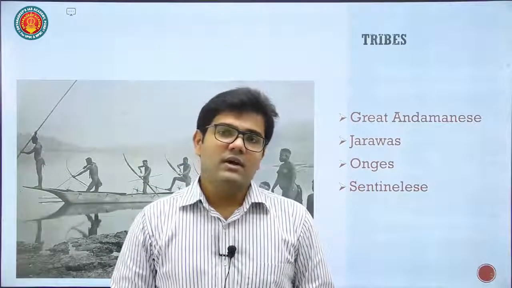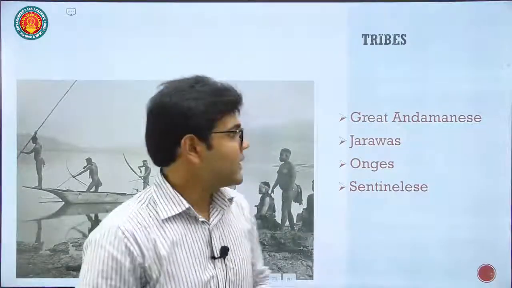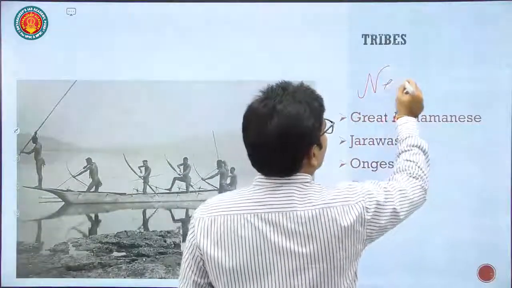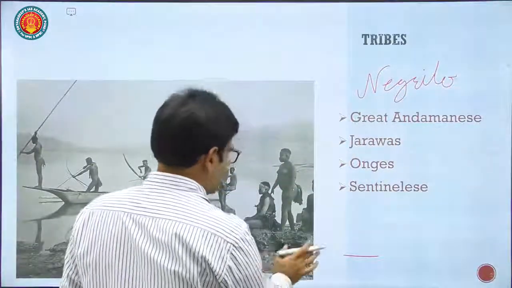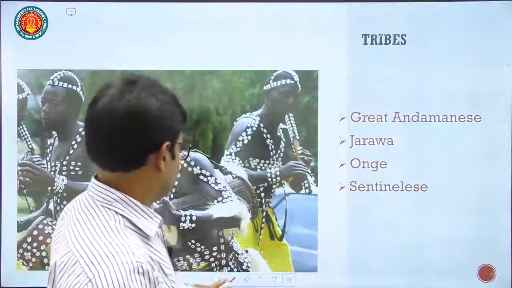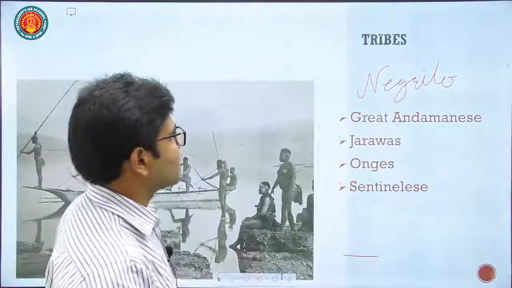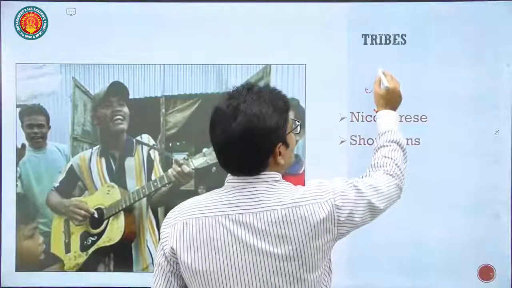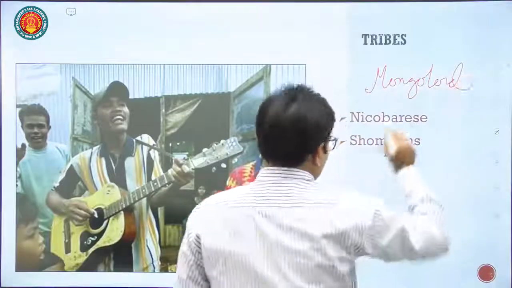The first group of tribes is of African origin, or what we call Negrito origin. The other group is Mongoloid. Fine.